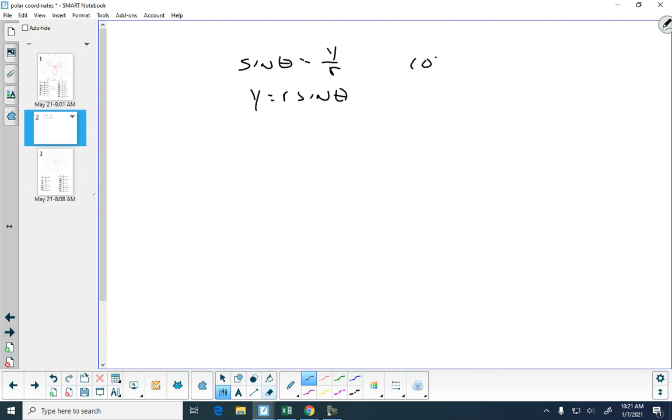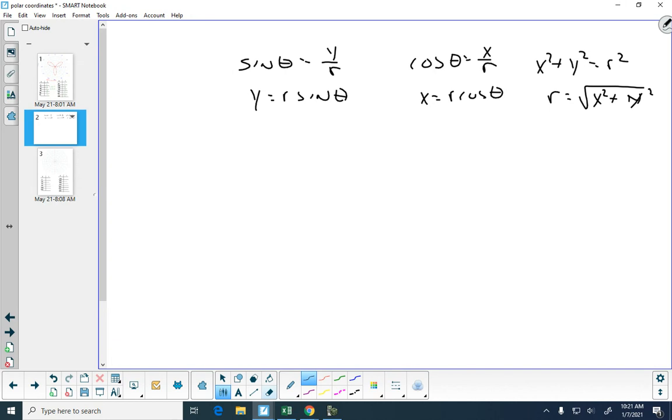We had the cosine of theta equal to x over r, so x is equal to r cosine of theta. Then x squared plus y squared is equal to r squared, or r would equal the square root of x squared plus y squared.